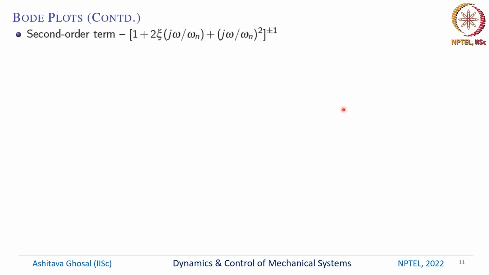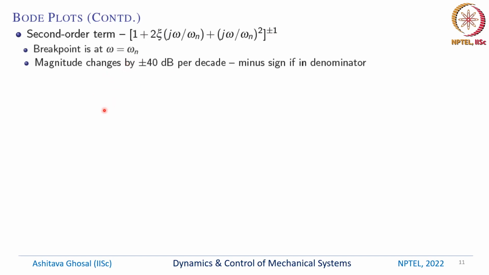The second order term is a little bit more interesting. We can have a second order term of the form 1 plus 2 psi j omega divided by omega n plus j omega divided by omega n, whole square. It could be in the numerator, in which case it is plus 1, or in the denominator, in which case it is minus 1. The break point here is omega equals omega n, and the magnitude changes by plus or minus 40 dB per decade.